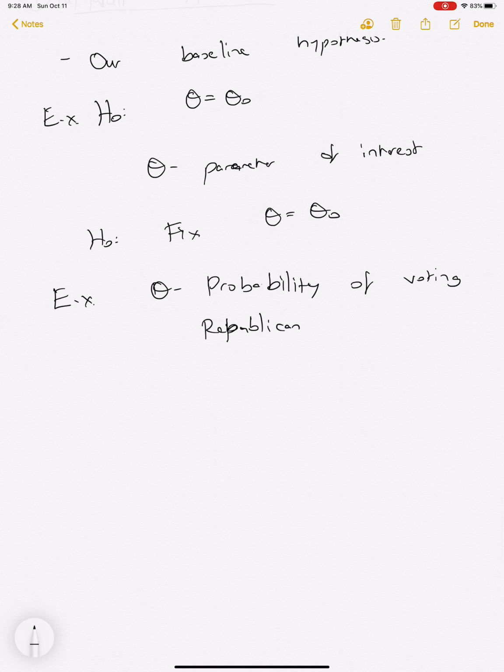So you might set the null, H naught, to be that theta equals 0.5, that it's a 50-50 chance.